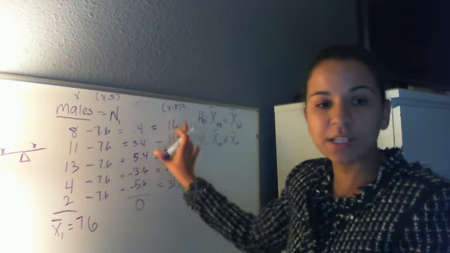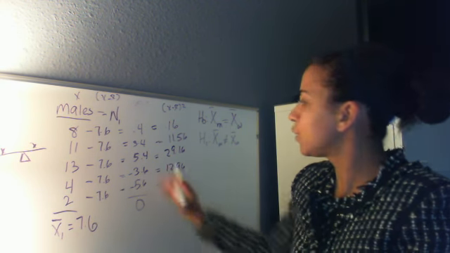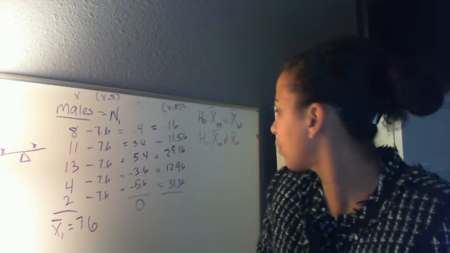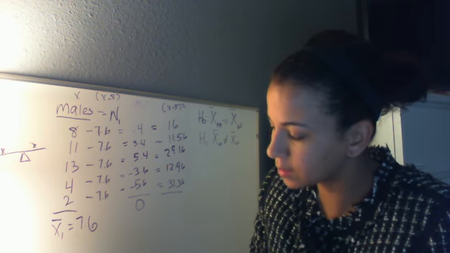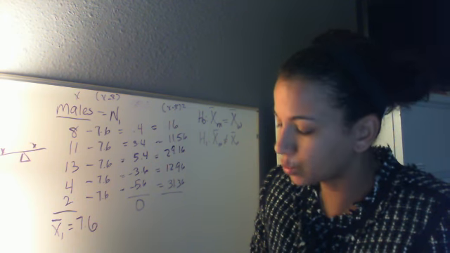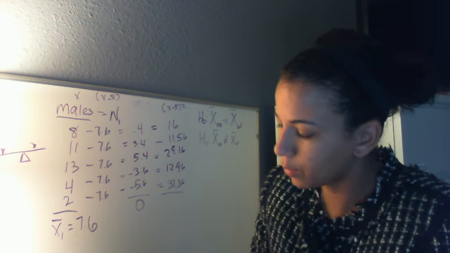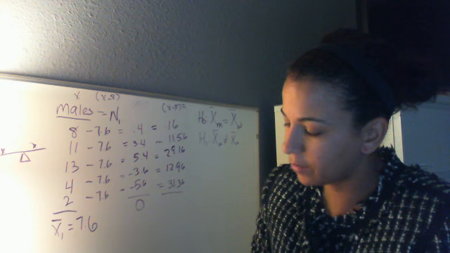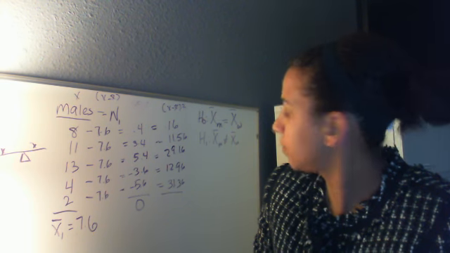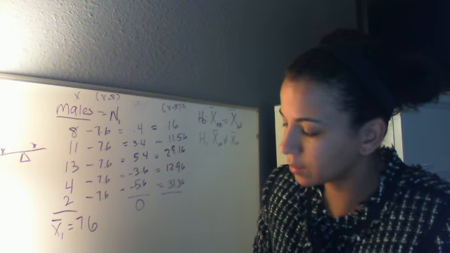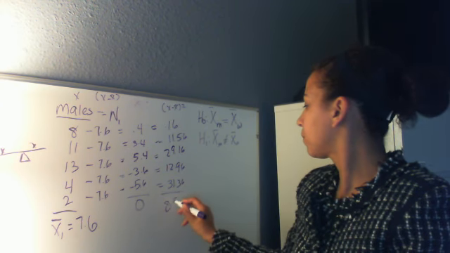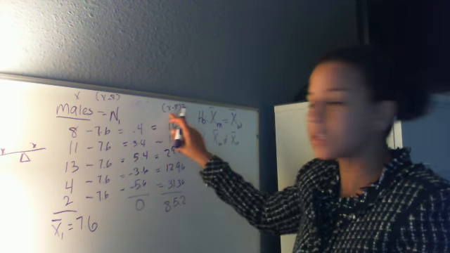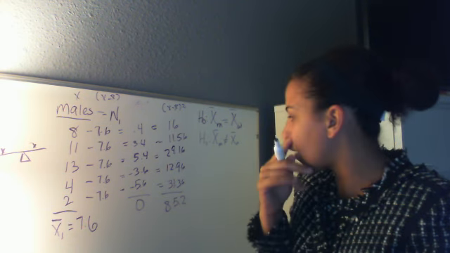Okay, now you can actually sum up these columns, all right? So if you double check, make sure that equals 0. I've got 31.36 plus 12.96 plus 29.16 plus 11.56 plus 0.16, right? Gives me 85.2. Alright, so my sum of x minus x bar squared is 85.2.